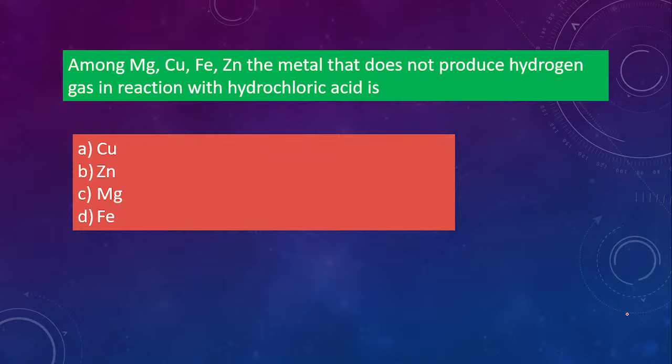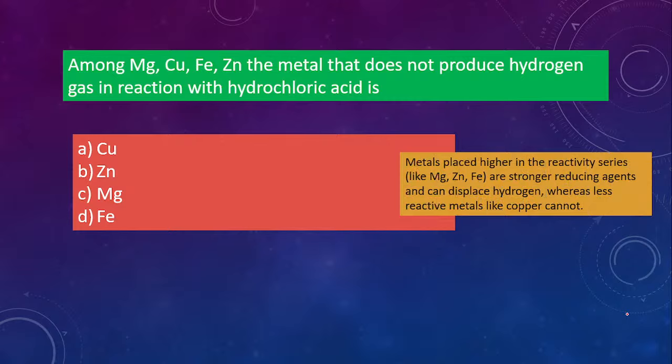Okay, Ayush is going for copper. Let's see the answer. The metals higher in the reactivity series are always stronger reducing agents, and they can displace hydrogen. Above hydrogen are magnesium, zinc, and iron, so they can displace hydrogen.